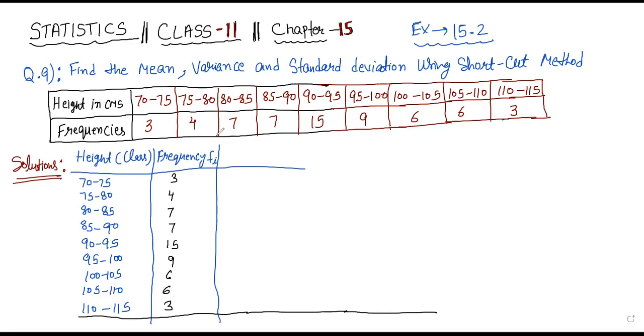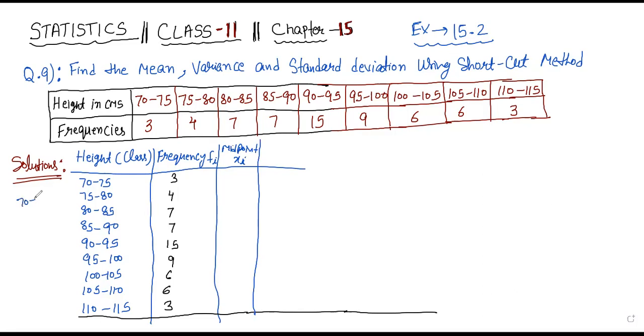So students, we are going to find mean, variance and standard deviation by using shortcut method. First we need the midpoint, xi. The way to find xi is 70 plus 75 by 2.